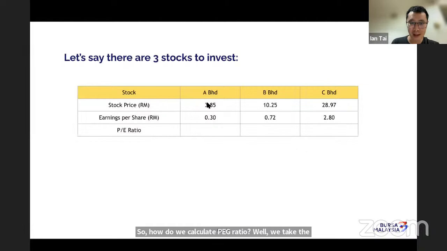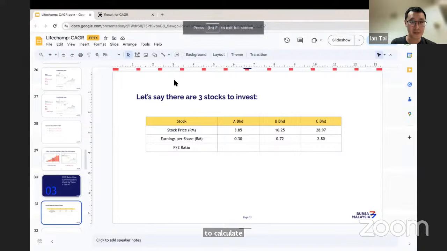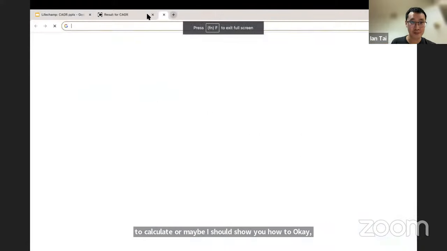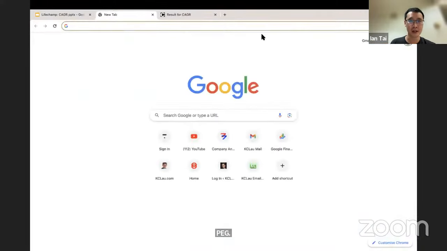So in the case of A Berhad, we will take 3.85 ringgit divided by 30 cents, and therefore you will get a PE ratio. Let me just open up the calculator function.